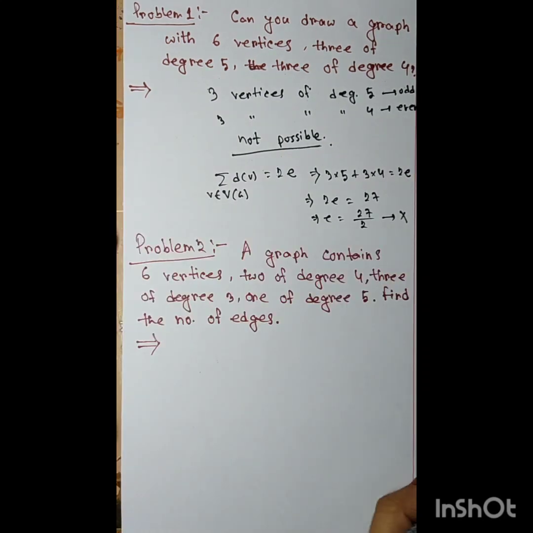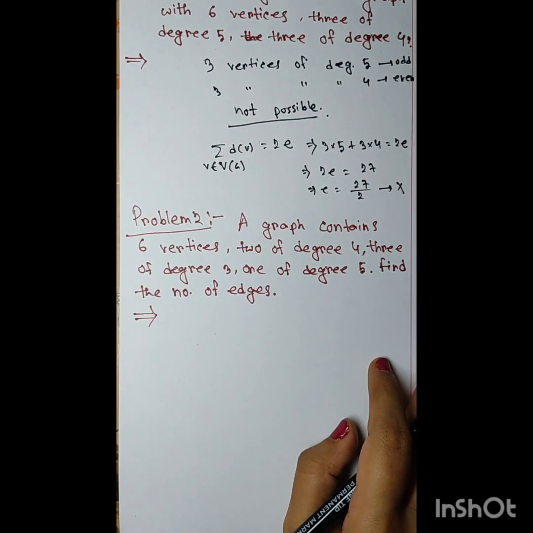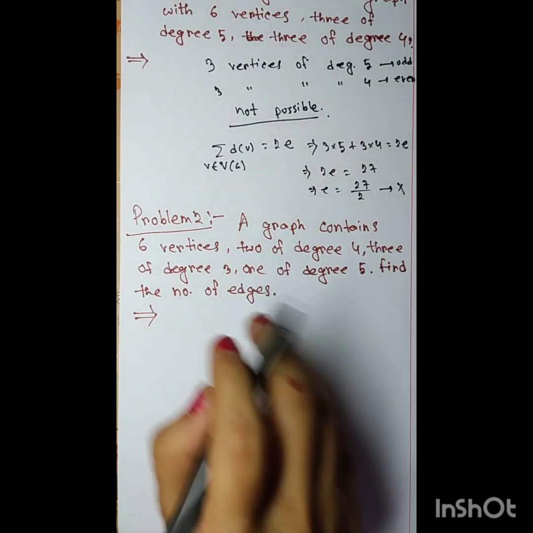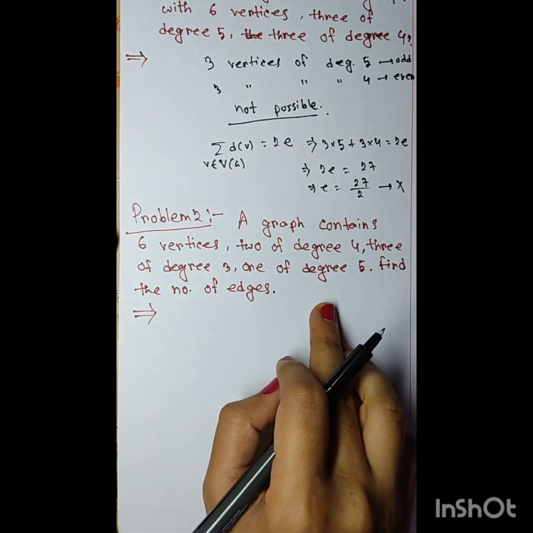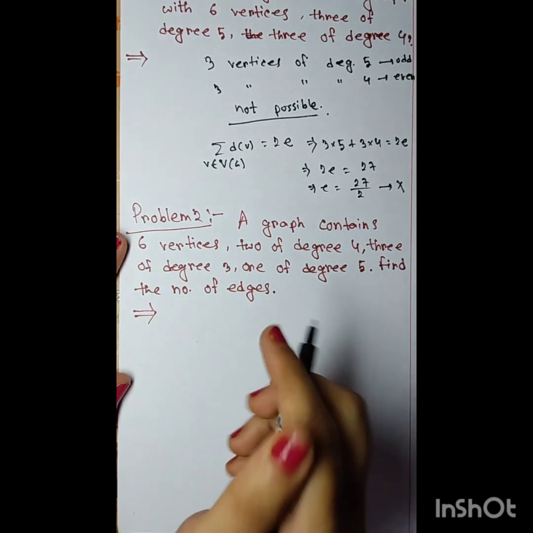Now we will solve another problem: a graph contains 6 vertices, 2 of degree 4, 3 of degree 3 and 1 of degree 5. We have to find the total number of edges.